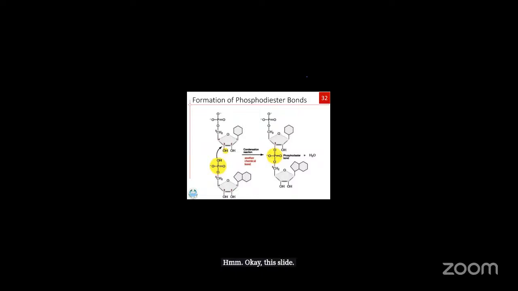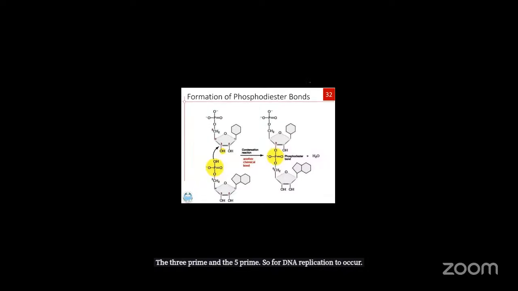Okay, this slide. The 3' and the 5'. For DNA replication to occur, this position needs to be free.